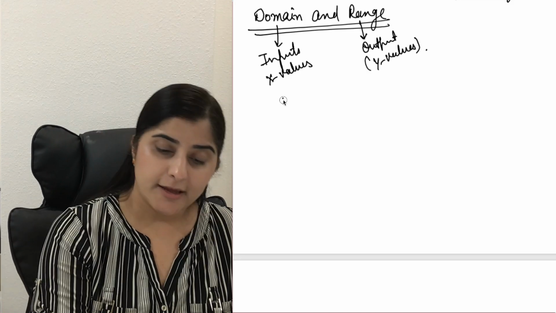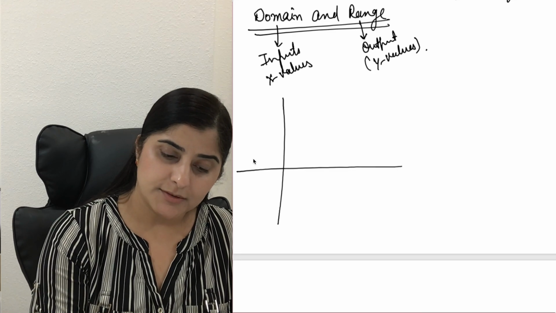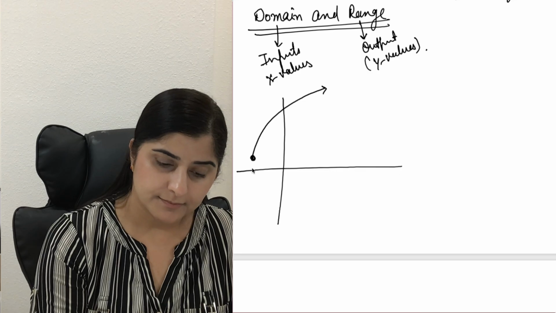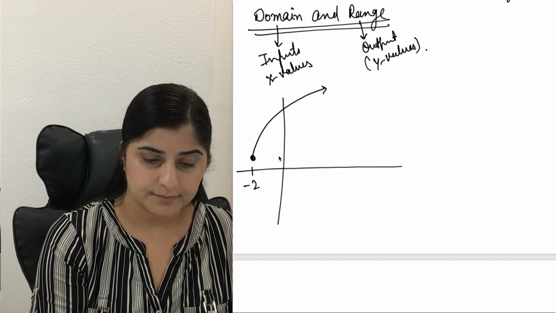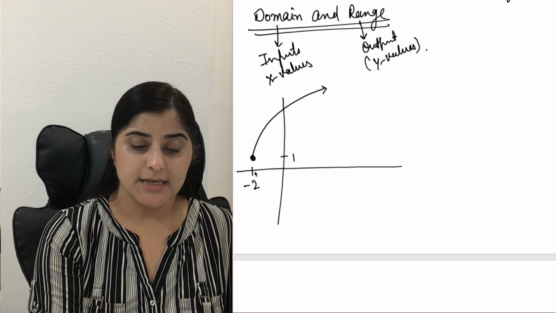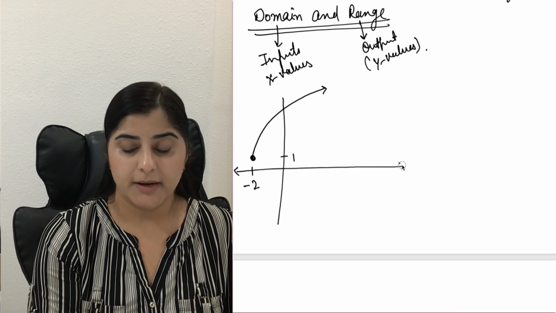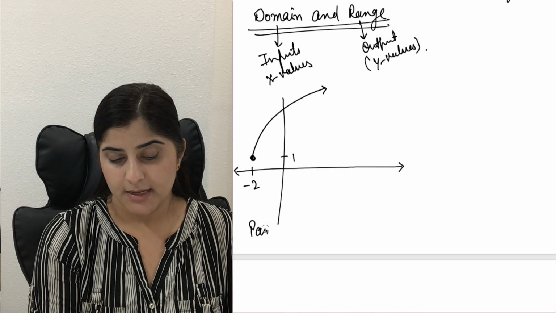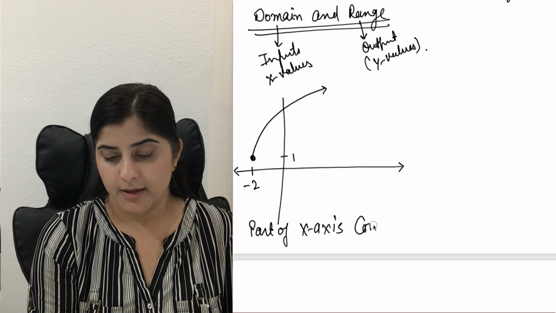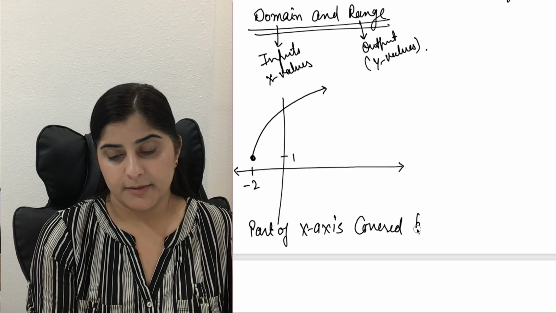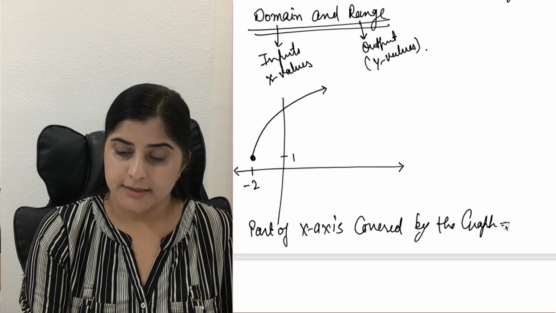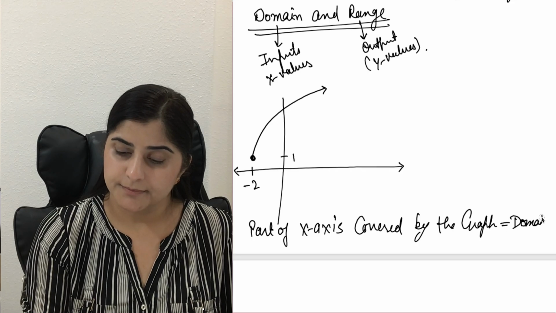If we are given a graph of a function, suppose this is the graph of the function, we will see the part of the x-axis covered by this curve. The part of the x-axis covered by the graph is the domain of the function.